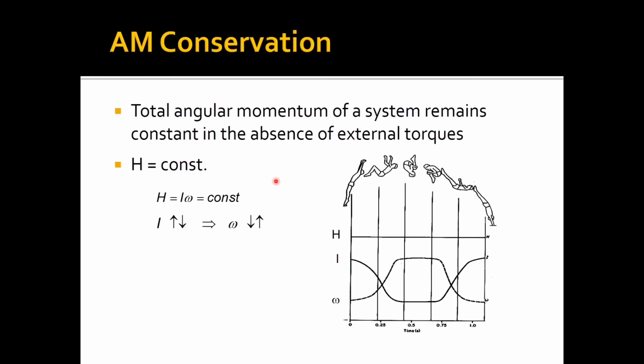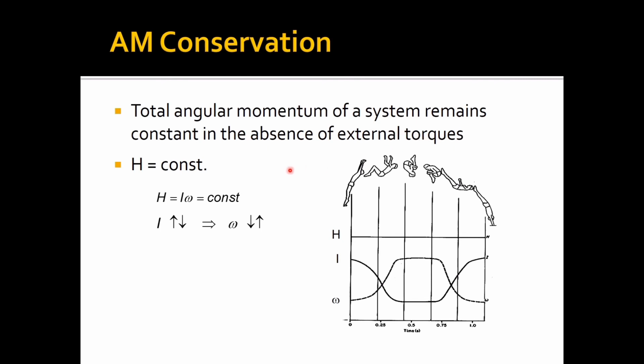This slide will tell us about angular momentum conservation. You learned linear momentum conservation in the previous linear kinetics chapter. This is very similar to that concept. Angular momentum conservation means the total angular momentum of a system remains constant in the absence of external torque. Here, conservation means something remains constant.